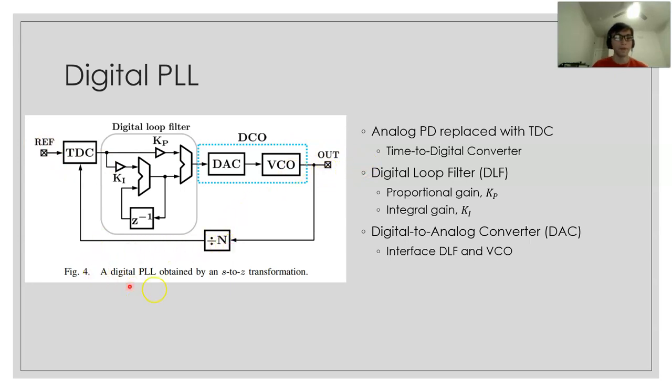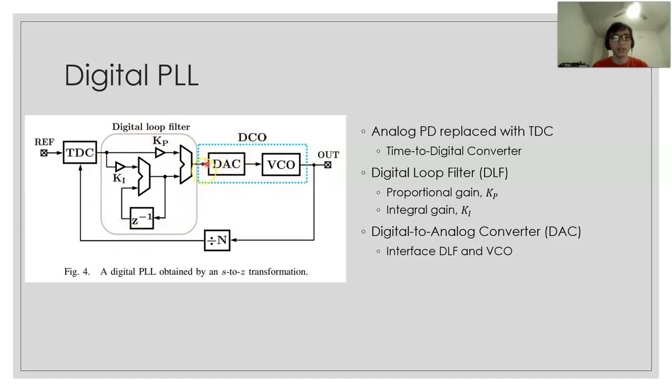This paper has obtained an S to Z transformation. So we have Z here, and using mathematics, we can work on two gains, a proportional gain and an integral gain, to tune the loop filter.